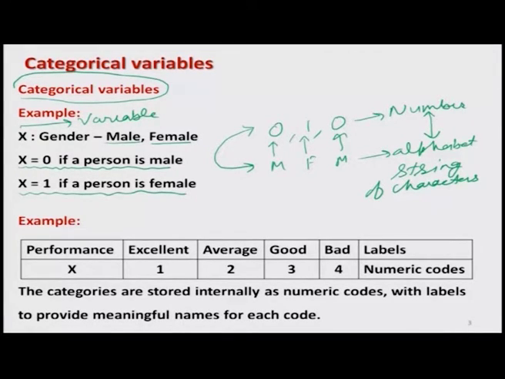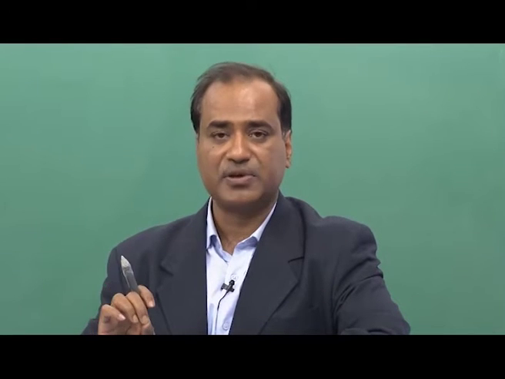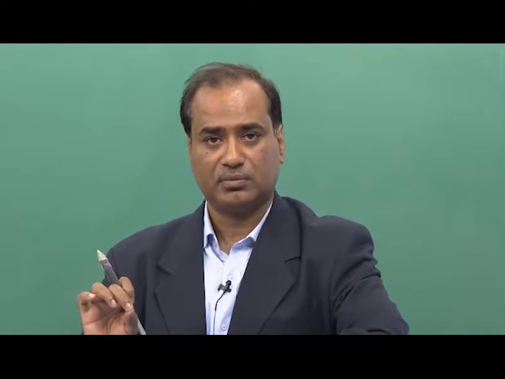So, now I have mapped the string character into a numerical value. But you have to keep in mind that this numerical value 0 or 1 is only a sort of indicator, that is only indicating the absence and presence of some qualitative variable.